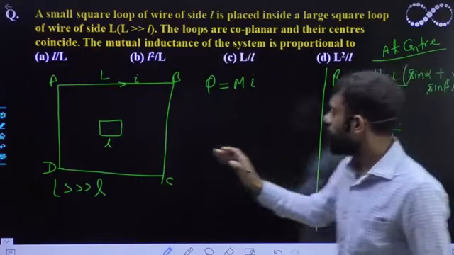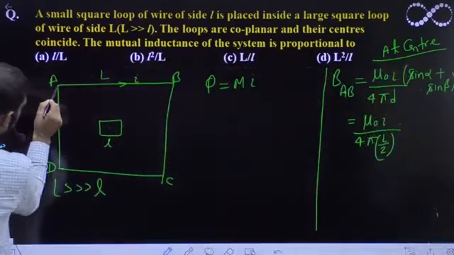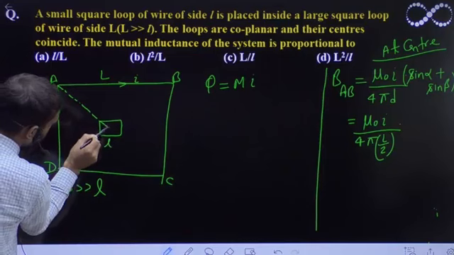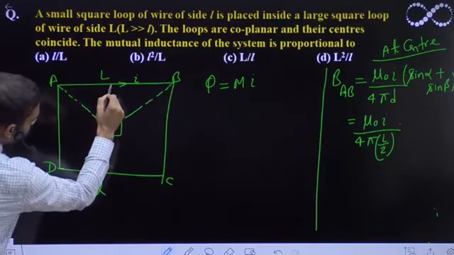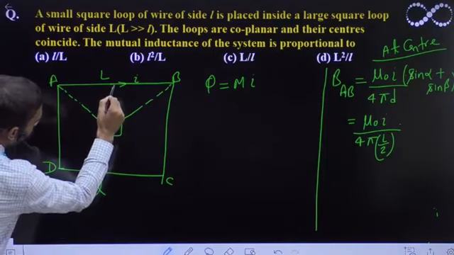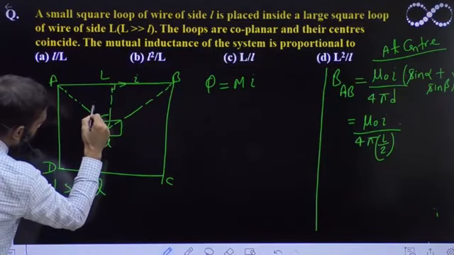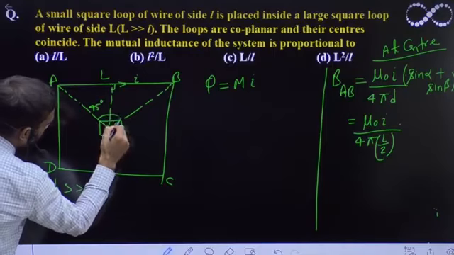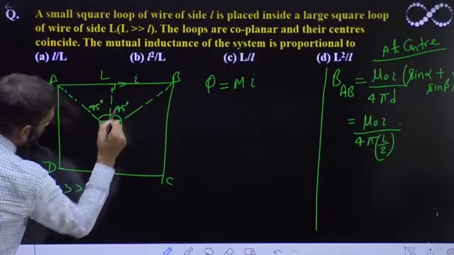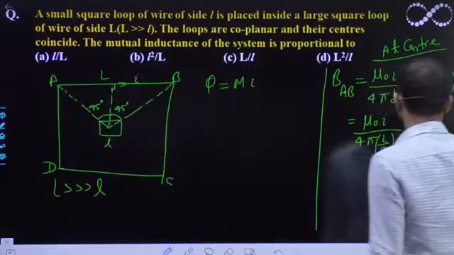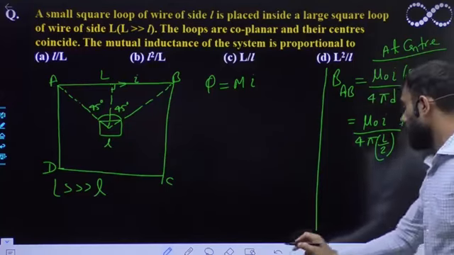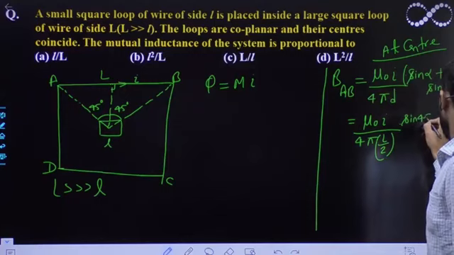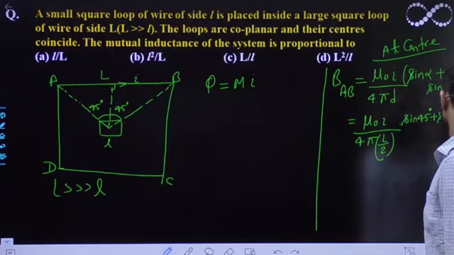And the angle, right? If we join this, and if we join like this, this is perpendicular. So this angle will be 45 degrees, and similarly this angle will also be 45 degrees. So here you will get sine 45 plus sine 45 degrees, right?